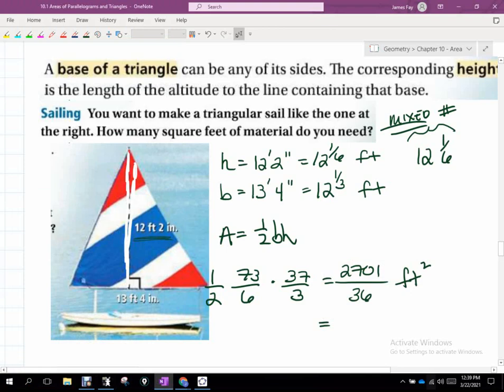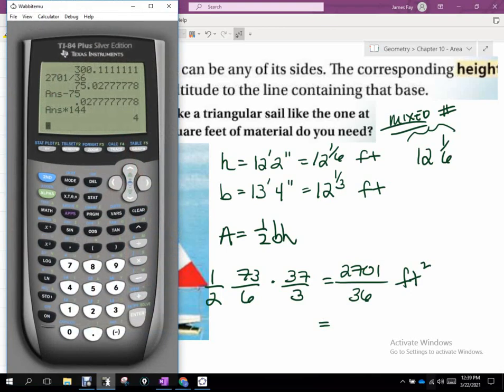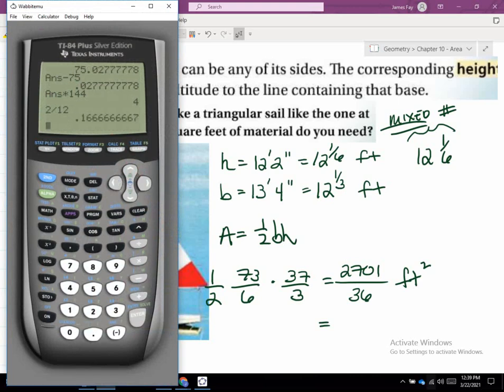Could I take that 12 feet 2 inches and say, okay, well, 2 divided by 12? The only reason I didn't do that is because I knew it was going to be a repeating decimal, and then I got to truncate that at some point, and then I'm off with my area. But this has no error in it.